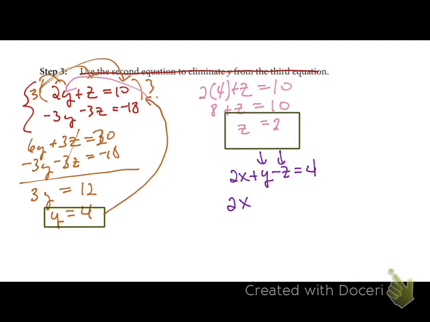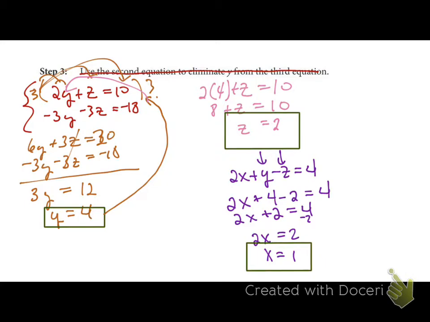So we would have 2x plus our y value of 4 minus our z value, 2, equal to 4. Clean it up. 4 minus 2 is 2. Move your 2 to the other side. 2x equals 2. And therefore our x would equal 1. And there is your x value.